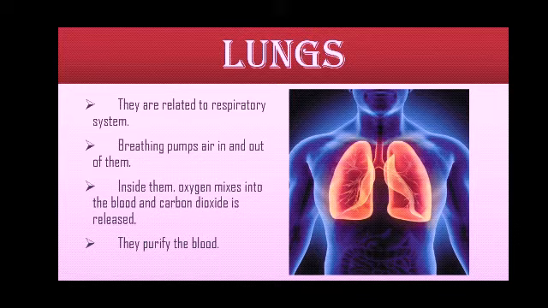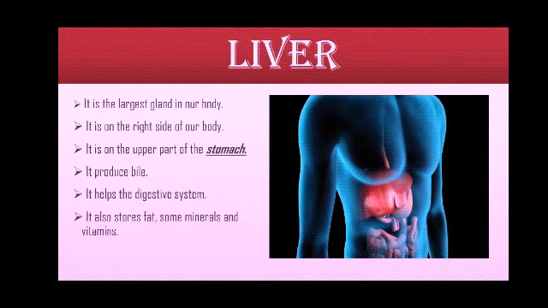So now let's move on to the next slide, that is of liver. The liver is one of the largest organs in the human body. It has many important metabolic functions to do, but the main job is to filter the blood coming from the digestive tract before passing it to the rest of the body.